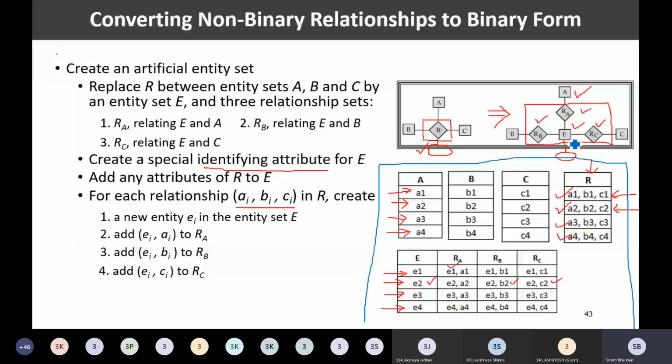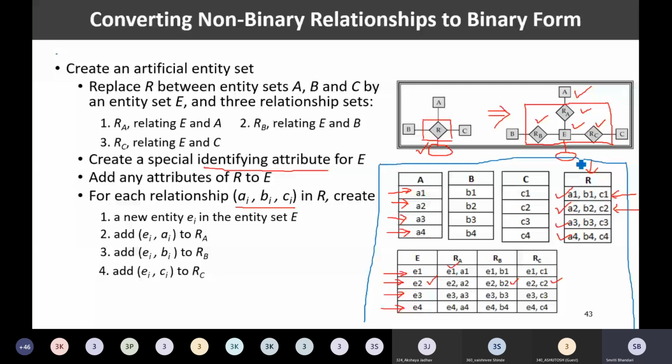What next? If I am having any descriptive attributes for the original relationship set R, I need to add those descriptive attributes of R into E. So E will have now the identifying attribute along with the descriptive attributes of R. And what remains?